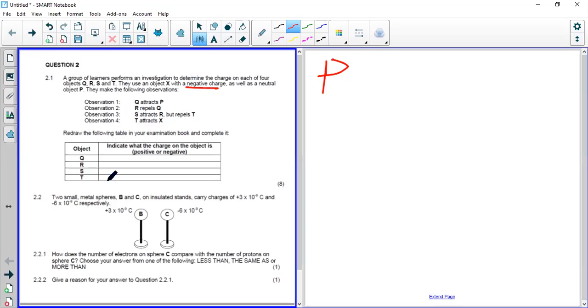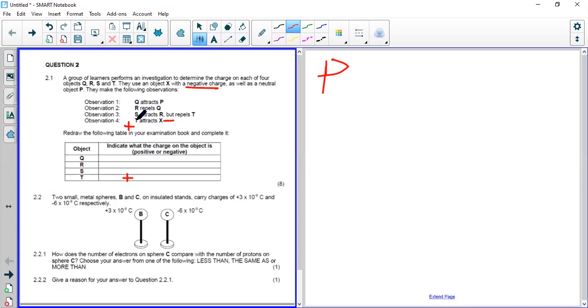So X is negative. If X attracts T, then it means T is positive. So you come here, it means T is positive. Are you following? Then it says S attracts R, but repels T. So we know T is positive, and we know S repels T. So it means S must have the same charge.